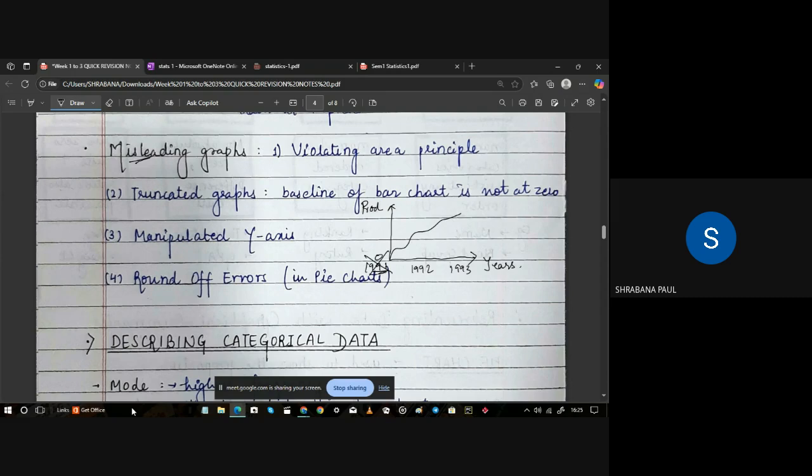Any graph whose baseline is not at zero is a truncated graph. It leads to misleading graphs. So every graph should start with its origin at zero. Another example, if I say a pie chart.